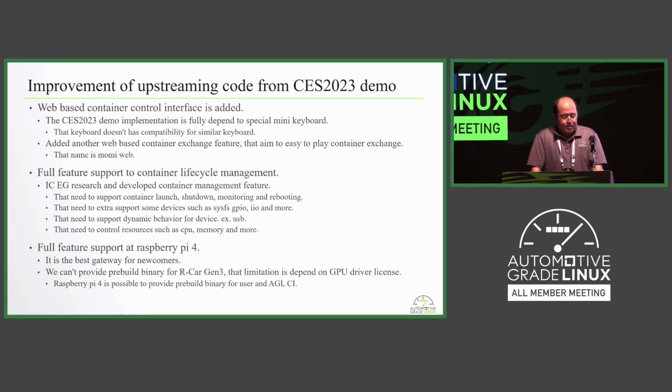That keyboard does have compatibility with similar keyboards. For example, this keyboard's vendor ID is A, another keyboard is B, but these two are similar keyboards. The second point is that we added another web-based container exchange feature that aims to make container exchange easy to play.